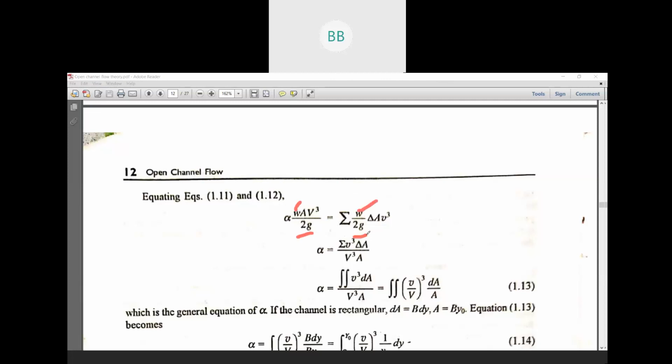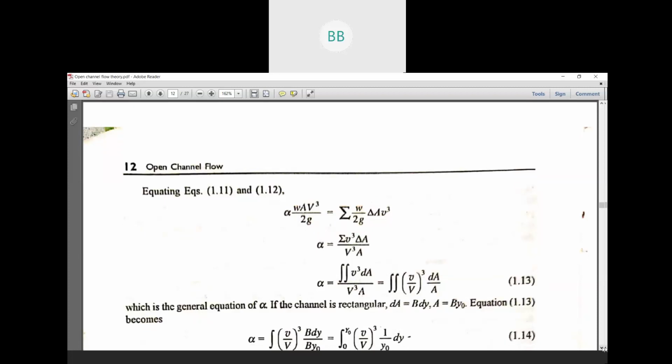And if you consider this alpha, it will be summation of v cube delta A divided by V cube by whole cross-sectional area. Then this summation we have replaced by integration. This is v cube delta A, we have written dA, divided by V cube A. If you do further simplification, it will be small v by capital V whole cube dA by A.